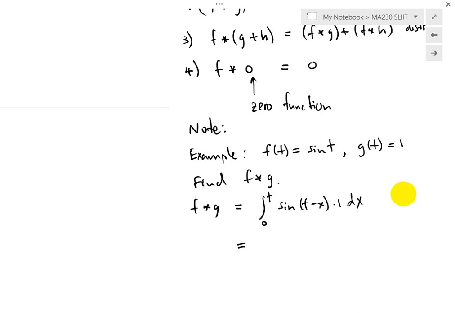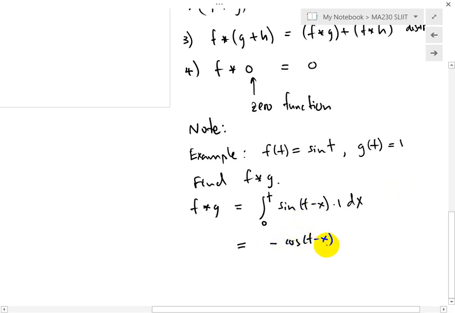What is this? Sine (t minus x), now here t is a constant, so this is minus cosine (t minus x). The variable of integration appears as minus x, so it's substitution, otherwise you should know you have to divide by minus 1. Limits are 0 to t, and put the limits.